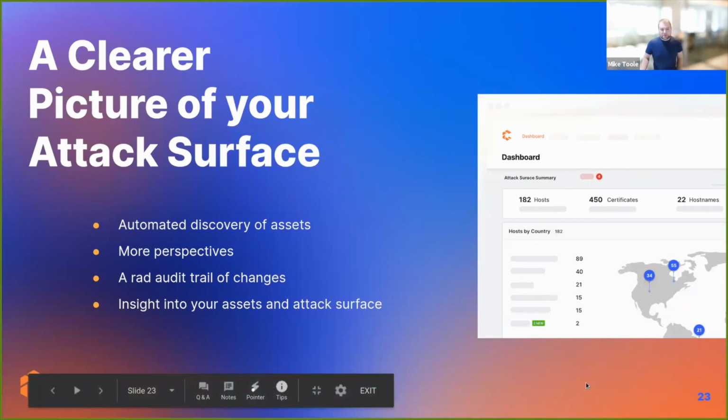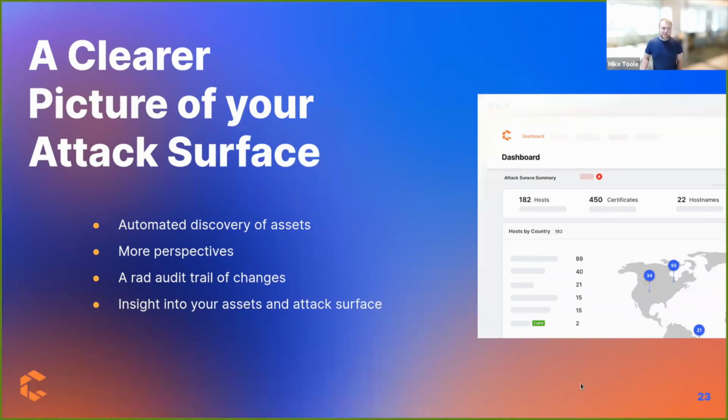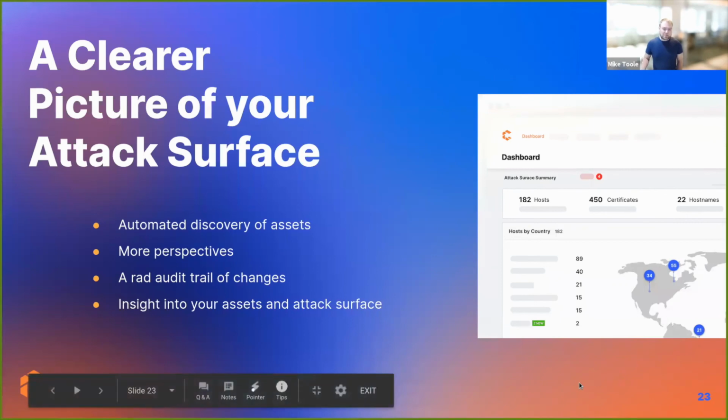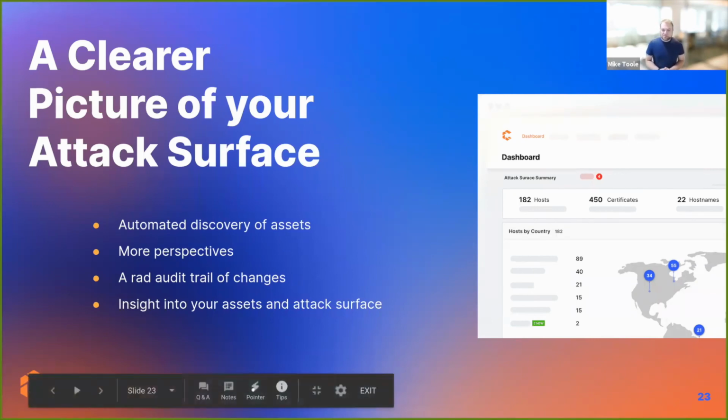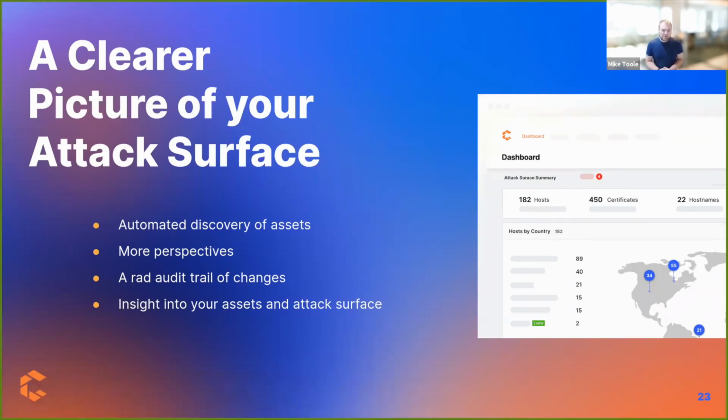So how would you know if your server's running SSH, open to the world on a non-standard port, or HTTP for that matter? So that's not supposed to. We see things like origin servers that aren't behind CDNs exposed to the internet, all sorts of stuff. So we're doing it. We're automating it for you. We're doing it with more perspectives as well, right?